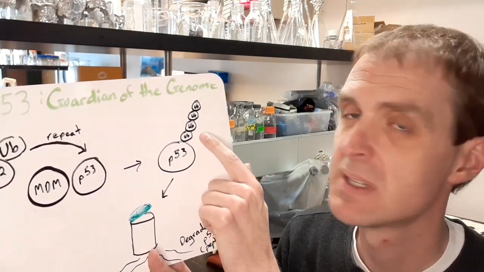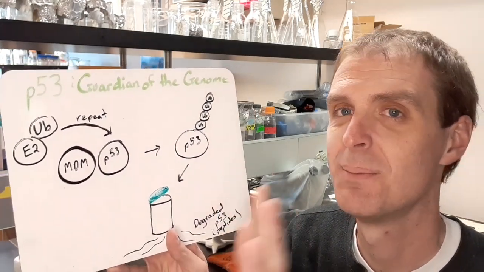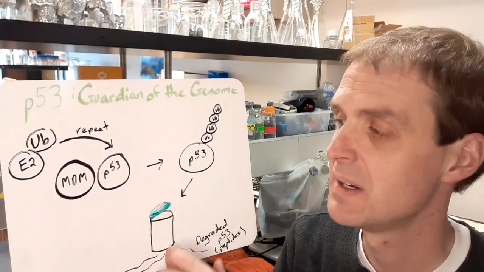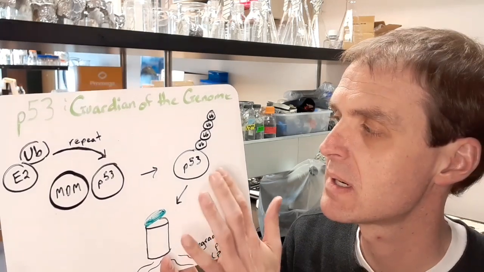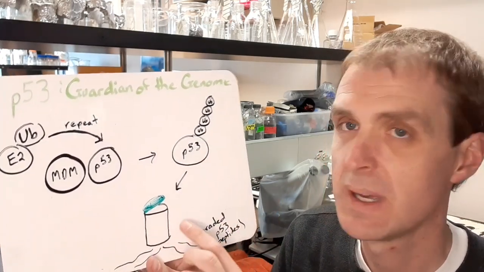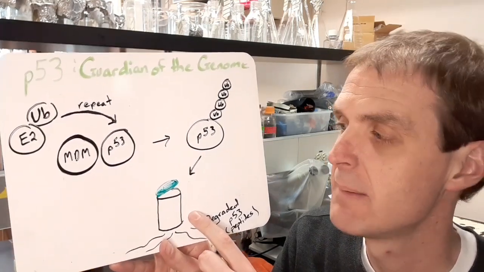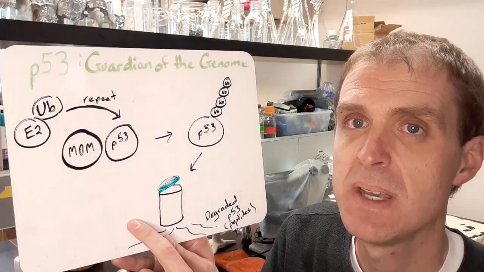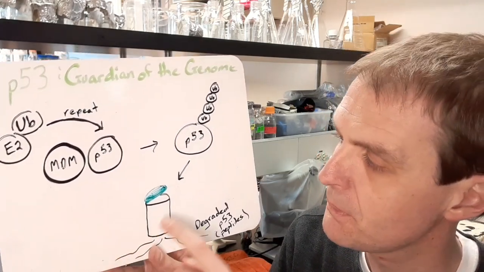When that happens, especially if it's ubiquitins that are linked through lysine 48, and we'll talk about that later, but if it's a particular type of linkage of ubiquitins stuck to p53, you'll end up causing p53 to go to this soup can thing. I should have written out the word, but it's a proteasome.